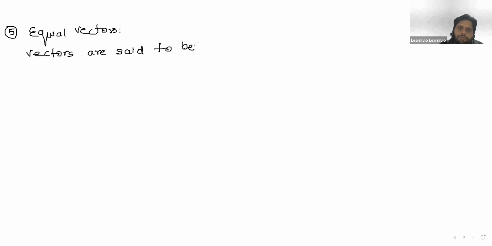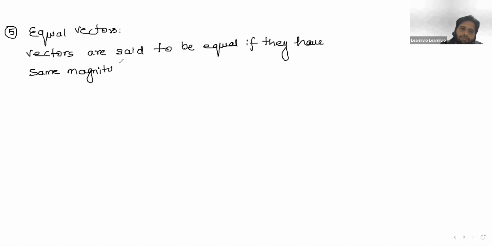Next is fifth, equal vectors. Vectors are said to be equal if they have the same magnitude and direction.